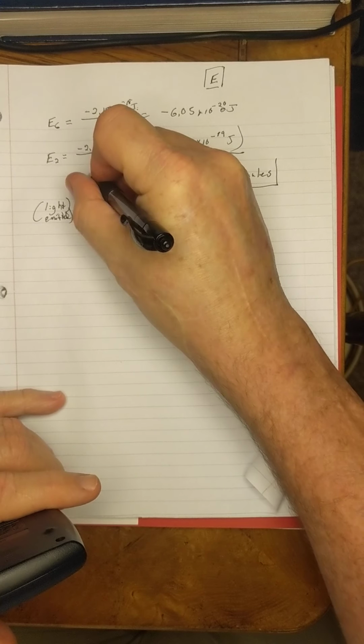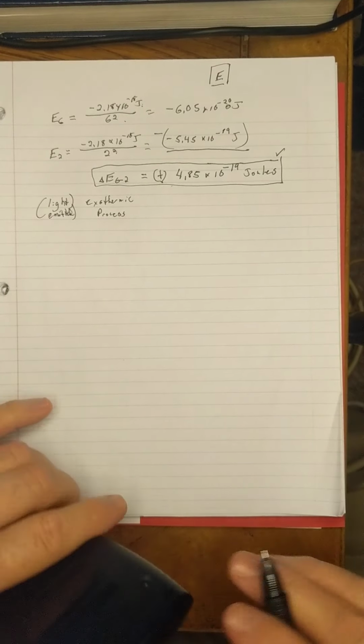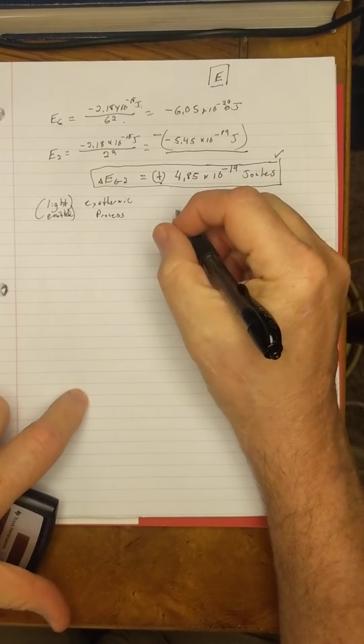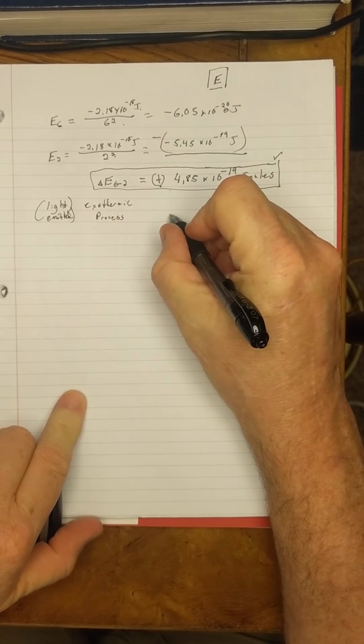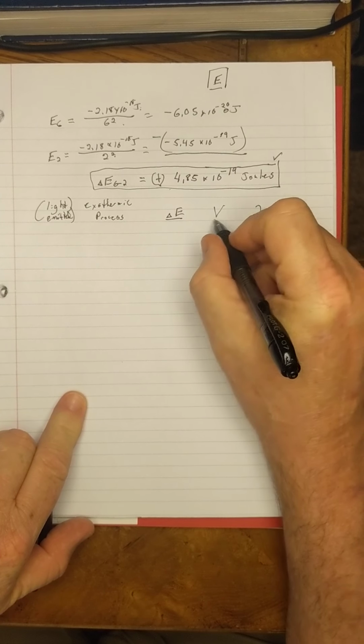Now here goes, this is going to link you into the other worksheet number 1 that I gave you. I'm going to take that energy and turn it into a wavelength. In this chapter, very simply, we're smoothly going to go from an energy to a frequency to a wavelength, lambda.